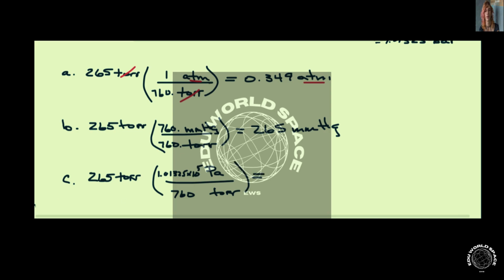And when we go ahead and do that math, we get 2.69 times 10 to the 7th pascals. And again, 3 significant figures, which is why I only went to 2.69.